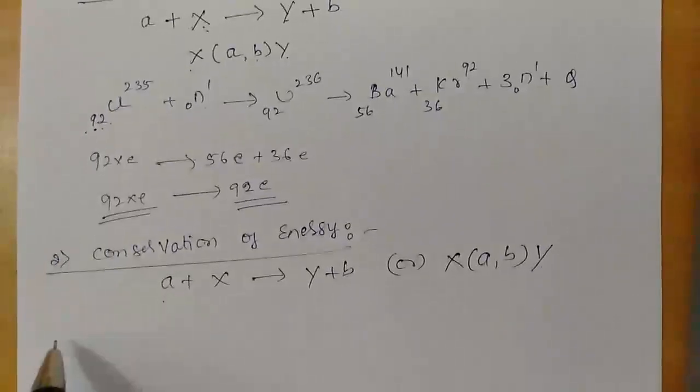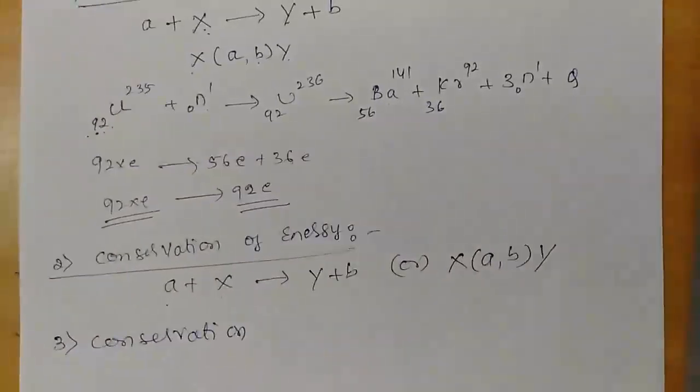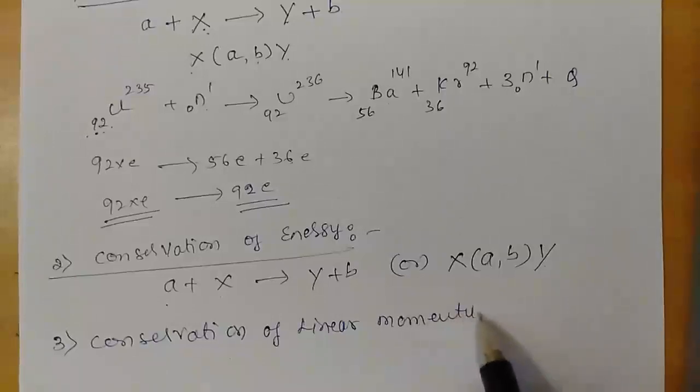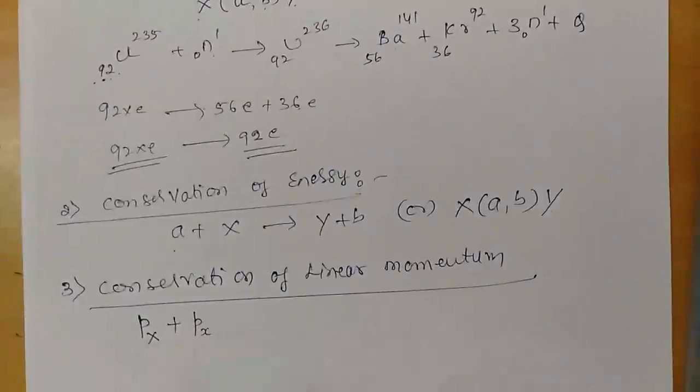So moving on to the next conservation law, that is the conservation of linear momentum. Let us consider the momentum P of the target nucleus and the momentum of the projectile. Capital X indicates the target nucleus, and A represents the projectile.